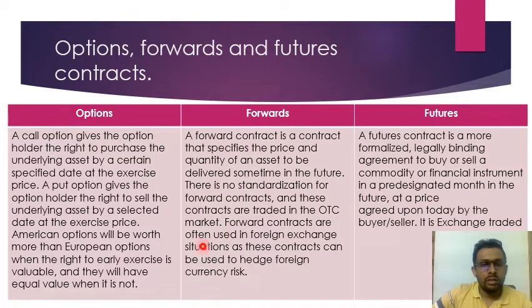Forward contracts are often used in foreign exchange situations, as these contracts can be used to hedge foreign currency risk. If we have a foreign currency remittance due on a particular day, we will be contracting with another party, maybe a bank or an AD Category 1 bank, to give us a buy forward contract on that particular currency, so that we don't suffer the risk of fluctuation.